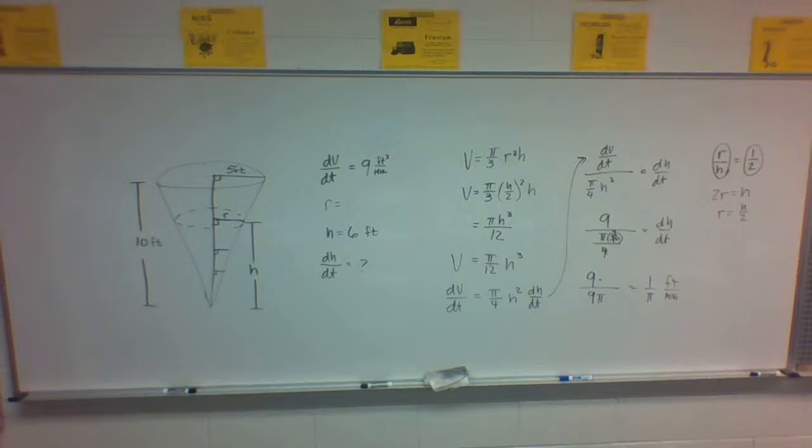I want you to look at, is number 29 assigned? That's a good question. It is. 29 is not assigned? Okay, well, this would be a good one to demonstrate for you then, because there will be others that are related to this that will help you get a start on it.